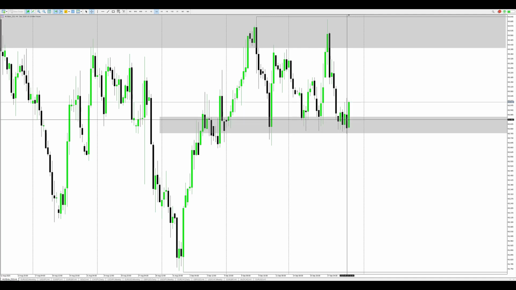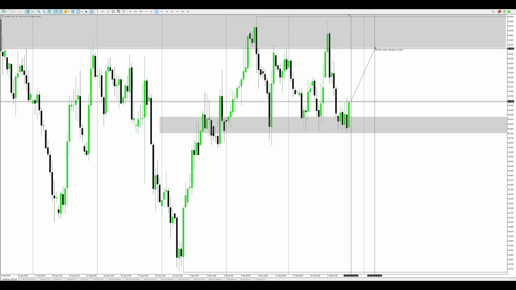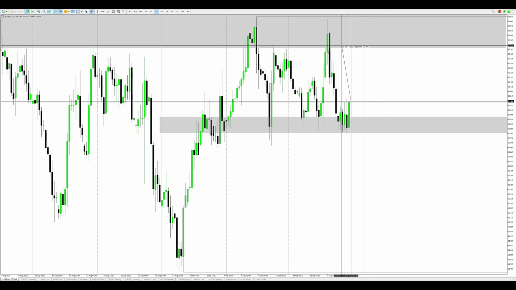There's no need for you to be involved in the market when it comes to the dollar. You need to wait for price to come back into this range here, 93.40. Once it comes back up there, right, that's when you get interested in what? Shorting the market. You see, it's that simple, guys.